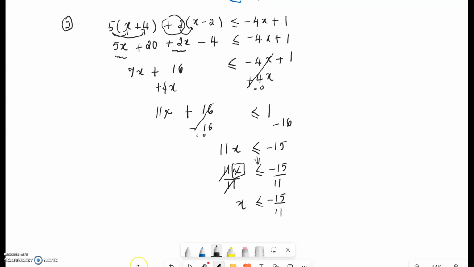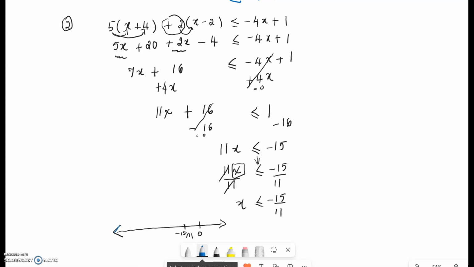So this is the set of all numbers less than or equal to negative 15 over 11. If I'm looking at the number line, and 0 is here, negative 15 over 11, let's say, is here, and everything to the left is included.